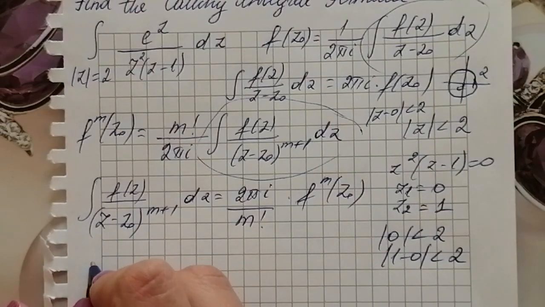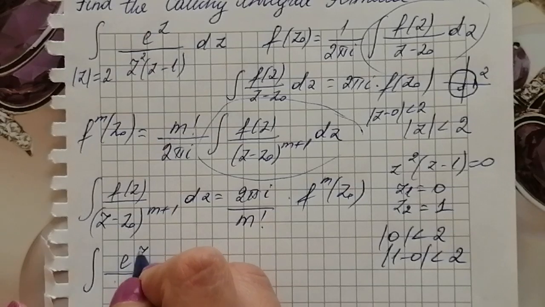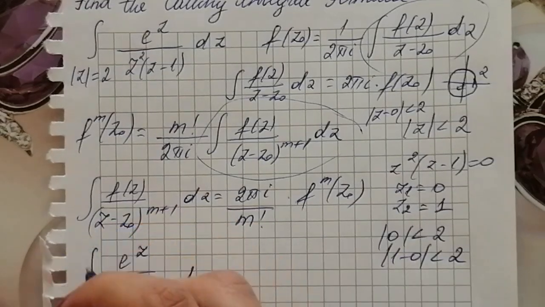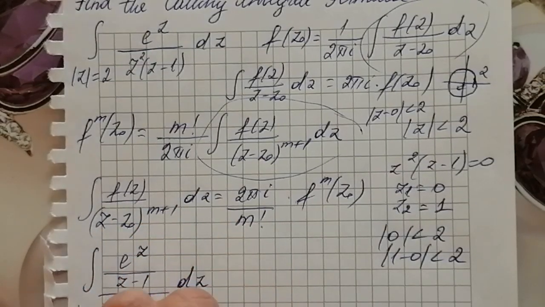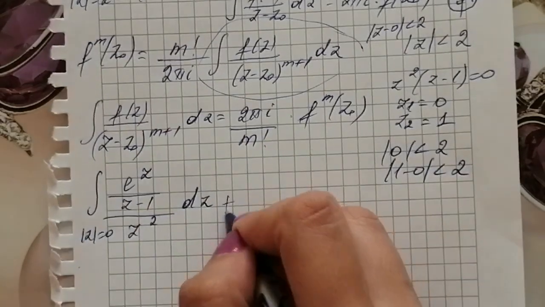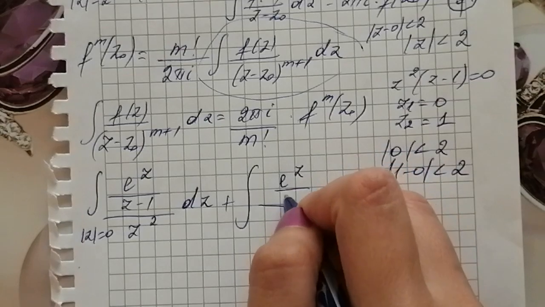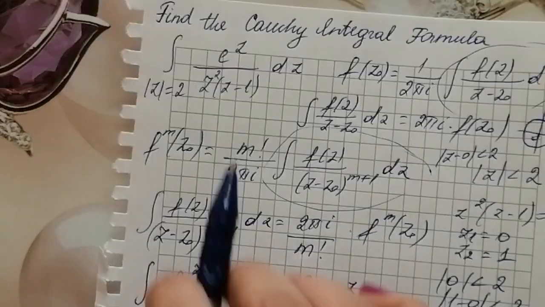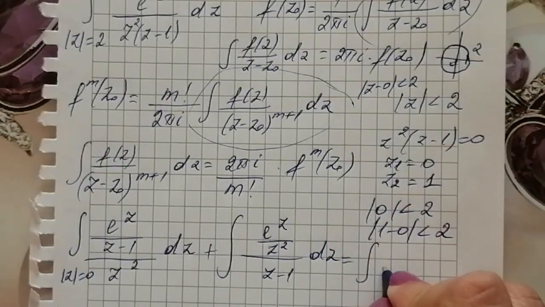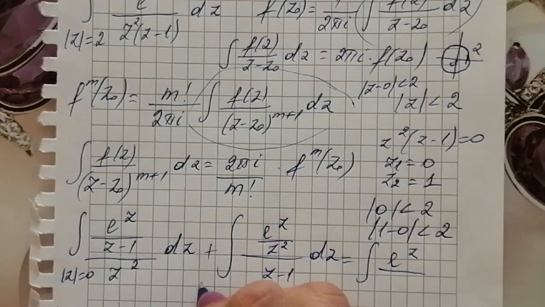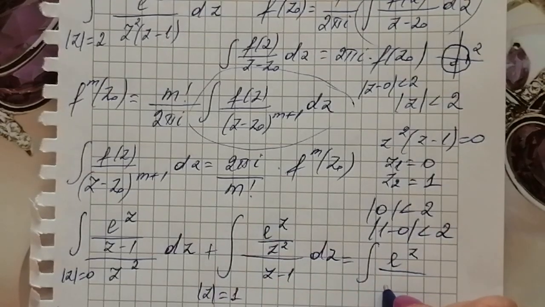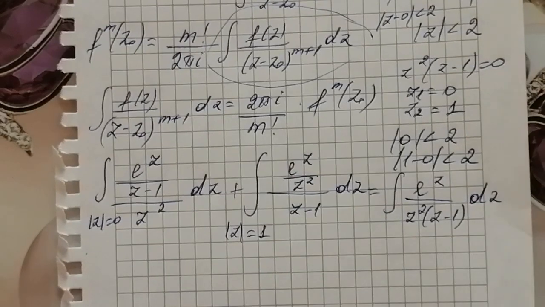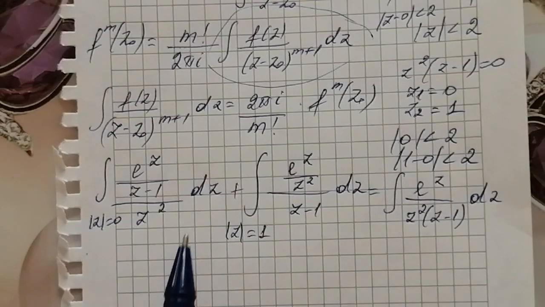Those integrals will be equal to the first integral dz plus the second integral, and the sum of them is equal to the given Cauchy integral formula. Let's solve each of them separately.